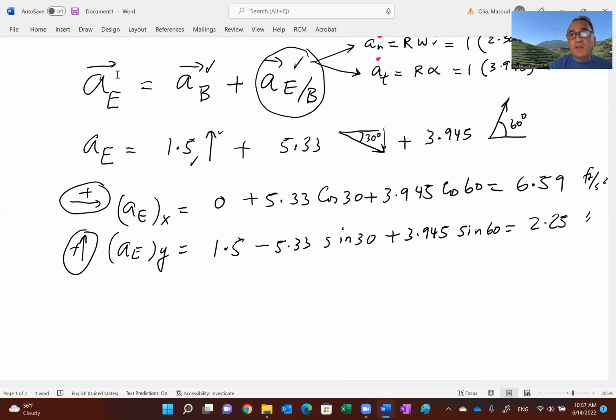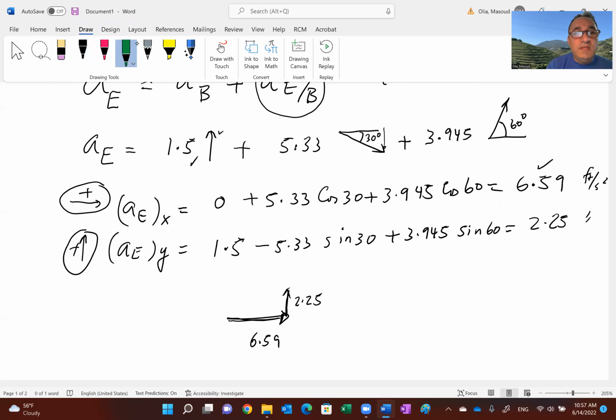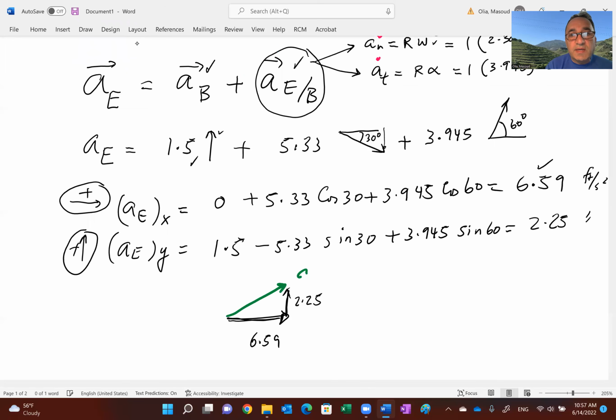Now that you have the X component and Y component, then you can find the magnitude of acceleration, right? 6.59 positive, and 2.25 roughly. So acceleration of E at this instant would be like that. Square root of 6.59 squared plus 2.25 squared. That comes out to be about 6.96.